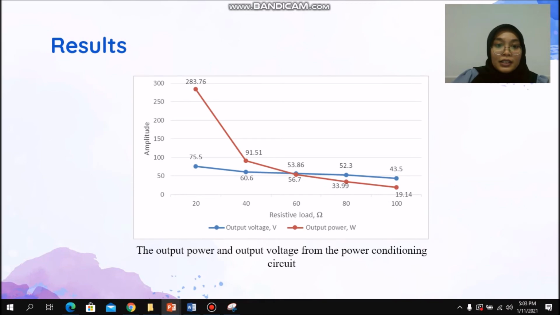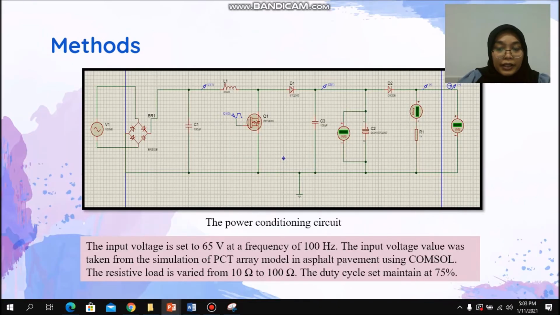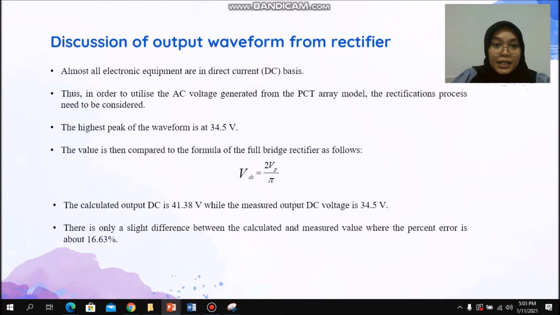Okay, this is the result of the output power and output voltage from the overall power conditioning circuit, taken from this part. I will show this multimeter for voltage, and also the current we have measured in Proteus.